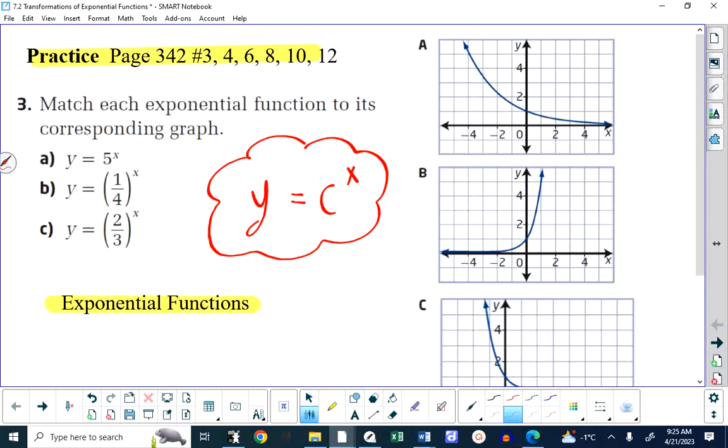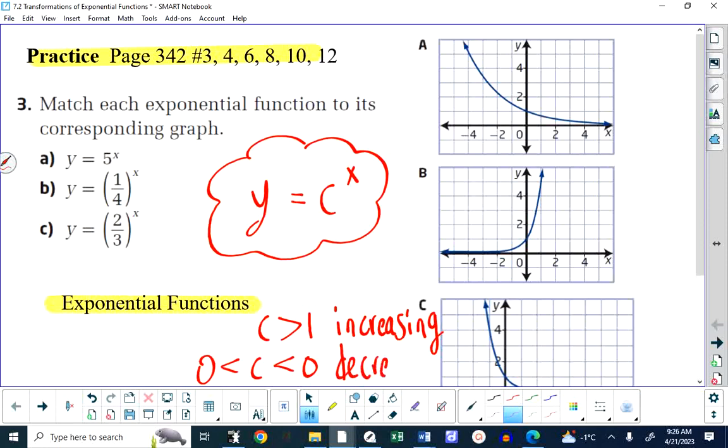Or the second option is it could be a decreasing function like you're looking at in graph A on the screen. And the idea is that when c, the base, is greater than 1, it's an increasing exponential function. But if c is between 0 and 1, it's a decreasing exponential function.